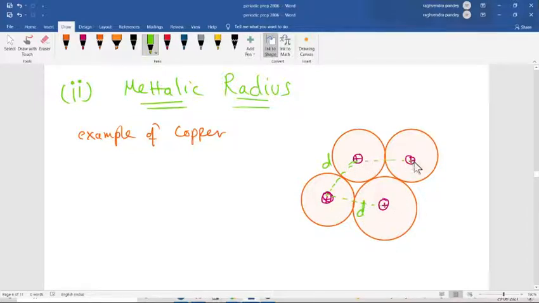My drawing is not that good, but you can understand. The radius is from this point to this point, that is R, here also. So for the example of copper, the internuclear distance is D.